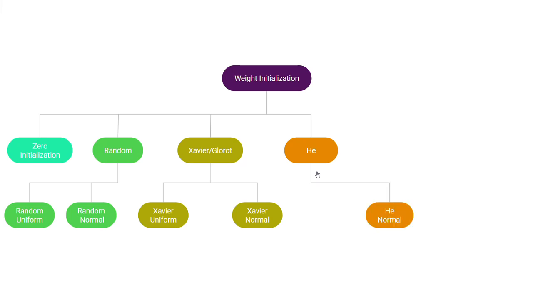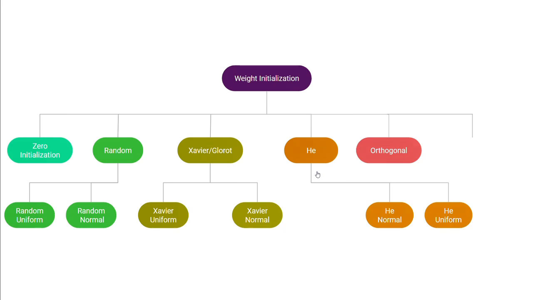These also have two types, He normal and He uniform. The next one is orthogonal initialization, and lastly we have Bayesian initialization. Let's go through each of the initialization processes in detail.